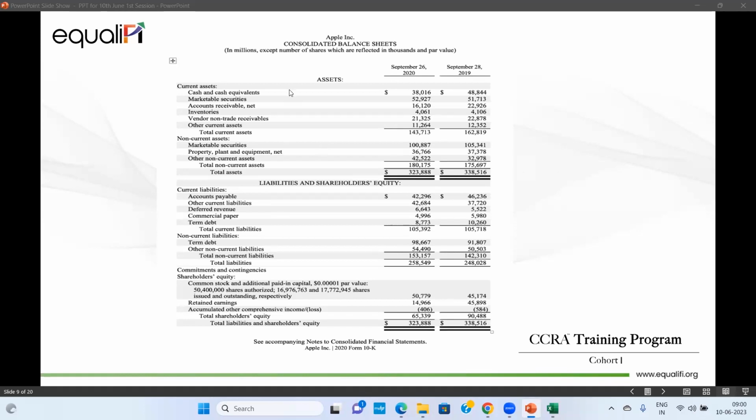Okay. So this is a comparative balance sheet for Apple Inc, where you can see current assets, non-current assets, current liabilities, non-current liabilities, all these things for 2 consecutive financial years. I'm not going to ask you what is cash and cash equivalent because I expect those are known to you.